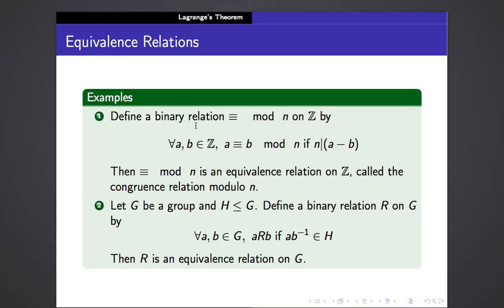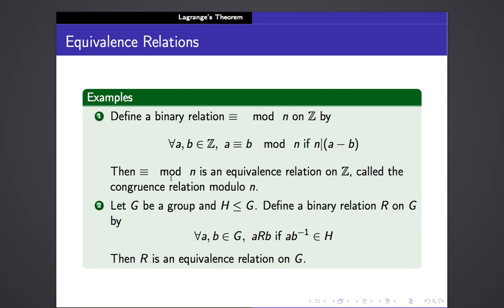So we define this binary relation by the following: for any a, b in Z, two integers a, b, a is congruent to b modulo, or simply mod n, if n divides a minus b. In this case, this relation is an equivalence relation on the set of all integers.